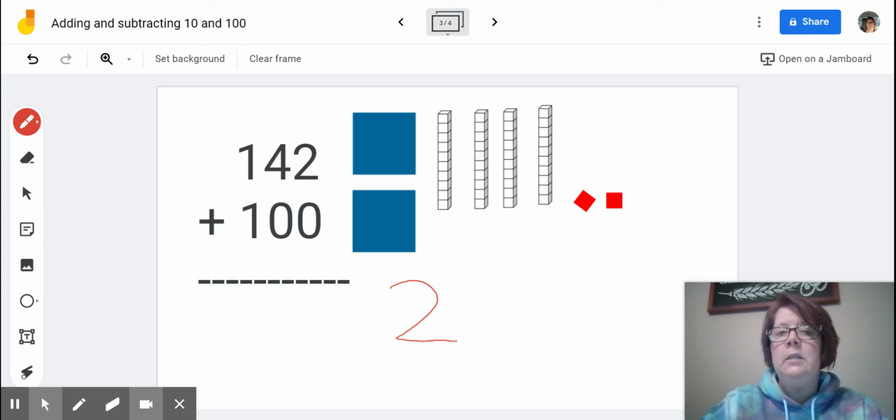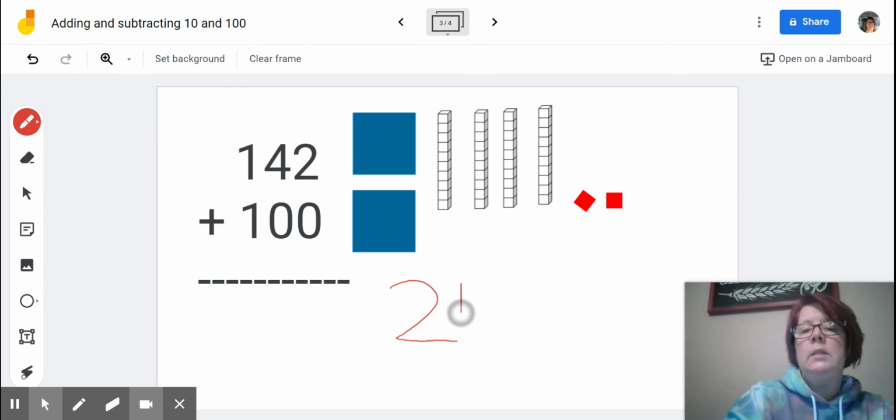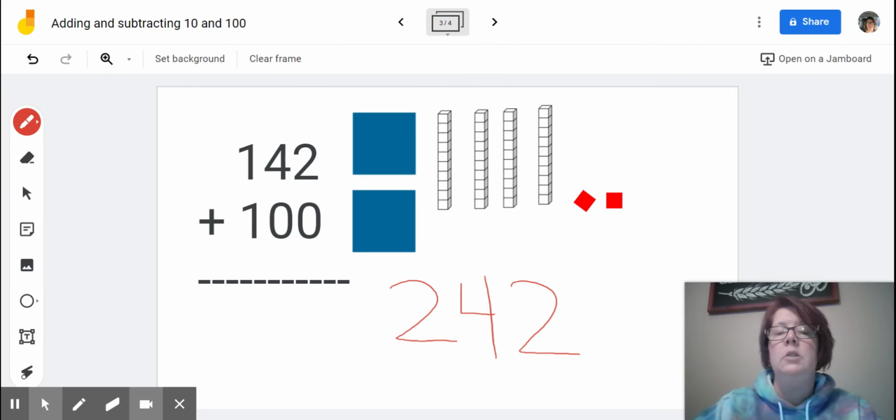How many 10 sticks do we have? We had 4, and we still have 4, and we have 2 1 cubes. So our new number is 242.